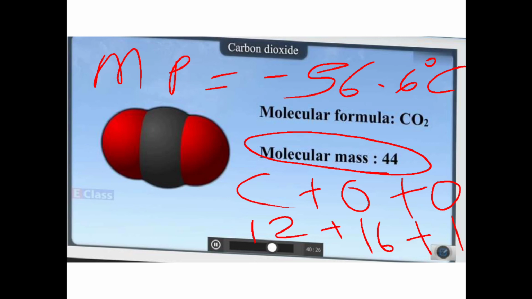So instead of that, they use dry ice, that is solid carbon dioxide. Okay, so that's an important thing you should remember about carbon dioxide.